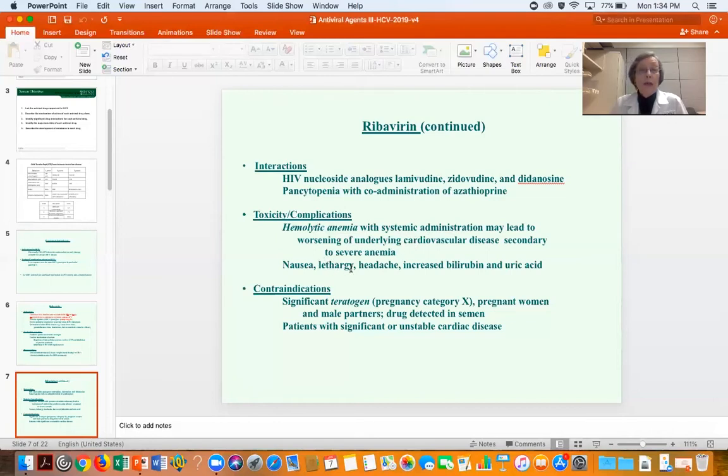Causes nausea, lethargy, headache, increased bilirubin, and uric acid. And it is a significant teratogen, so it is absolutely contraindicated in pregnancy. And that includes both the pregnant women and the male partners because the drug has been detected in semen. And then, of course, it's contraindicated for patients with significant or unstable cardiac disease.